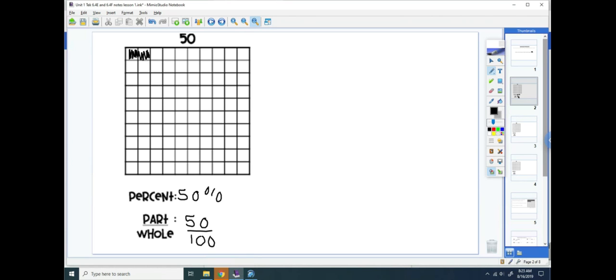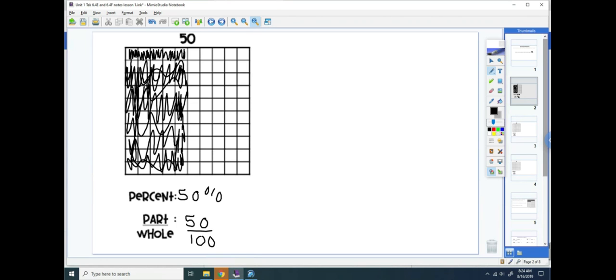I'll go 1, 2, 3, 4, 5, and we'll just shade down. So I shaded 50% of the blocks.